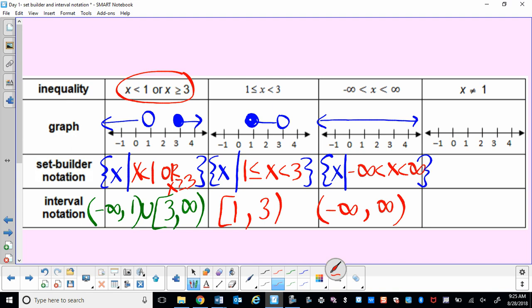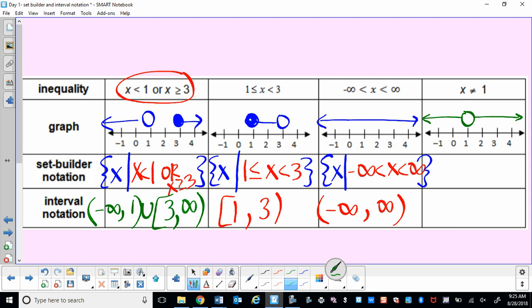All right, last one before you're on your own. Number 4, x does not equal 1. Okay, so I'm going to go to number 1, open circle. And because x is not 1, that number is not included, I'm going to draw arrows on both sides. That means I'm going from left to right.